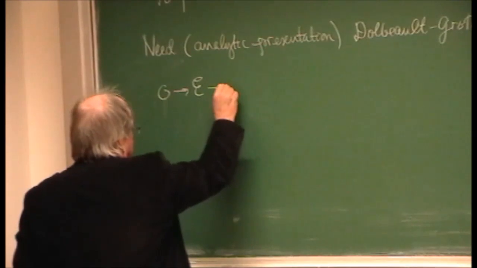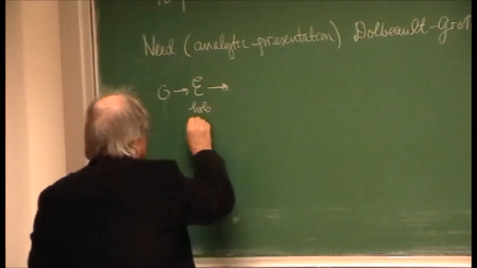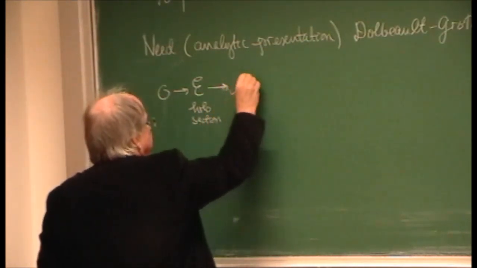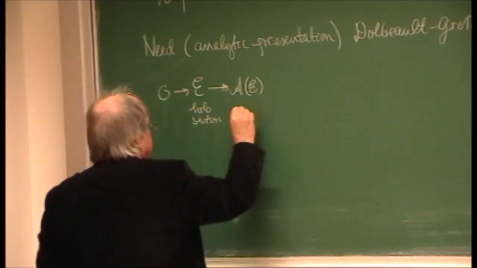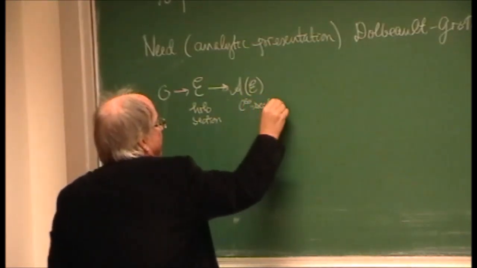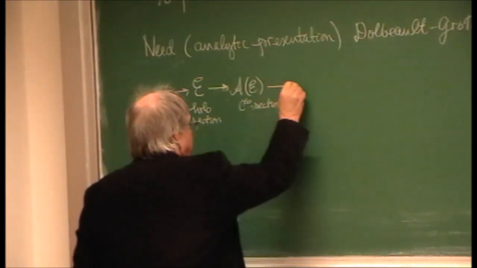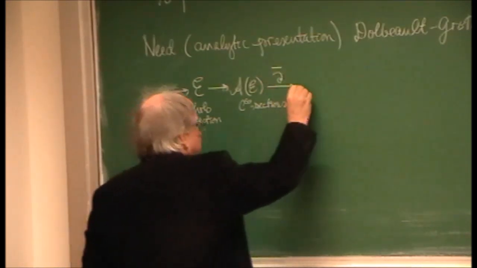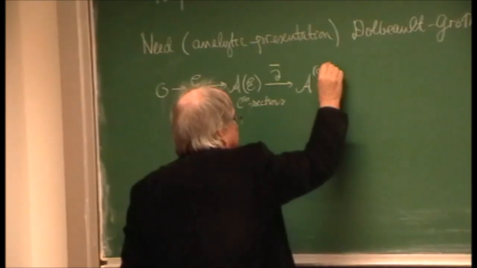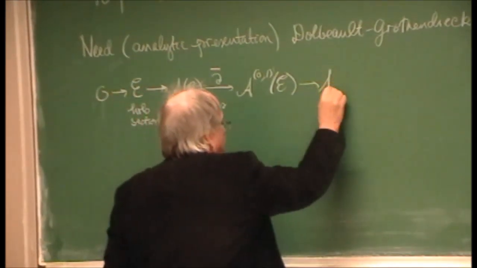You can regard it as a subsheaf of the C infinity local sections. And then, of course, the d-bar operator makes sense. So you have mappings to C infinity (0,1) forms, (0,2) forms, and so on.